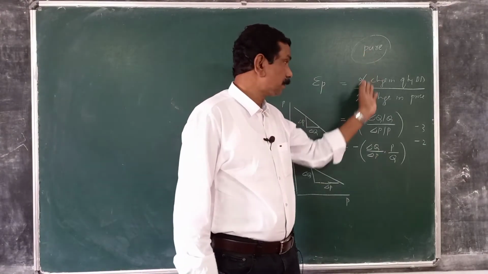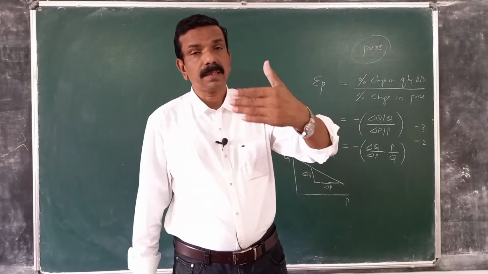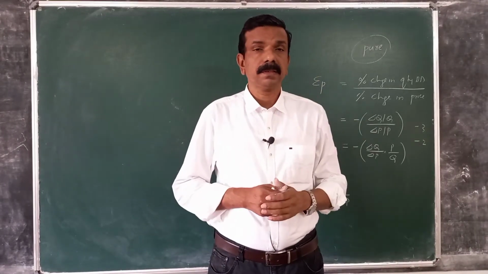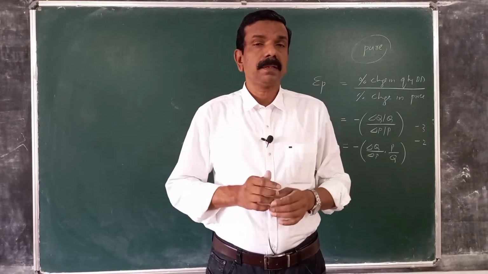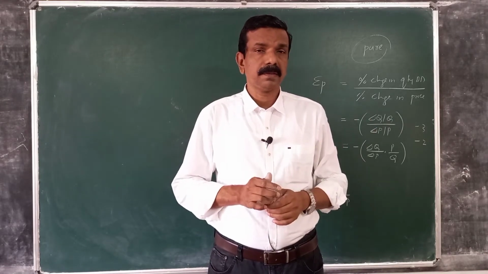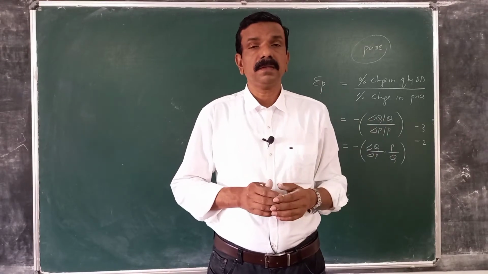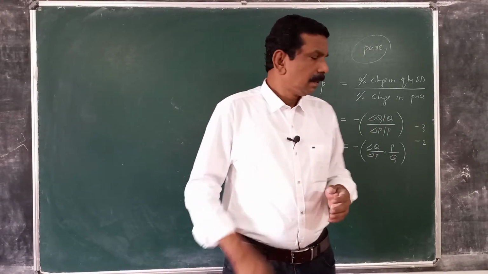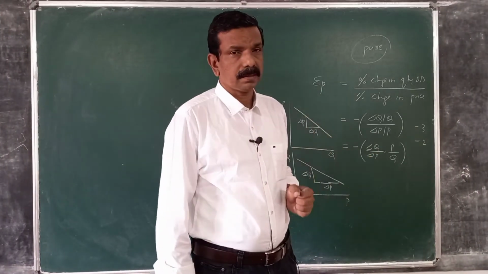And remember this, elasticity measures relative change in quantity to relative change in price. As such, it is a pure number independent of the unit of measurement. Whatever is the unit of measurement, elasticity is not affected. Now, this is the formula for calculating elasticity.